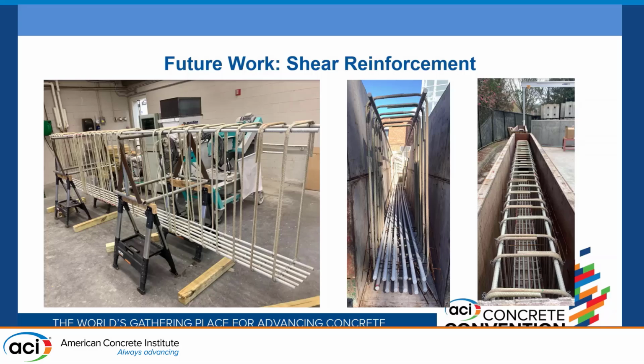I have a question, answering his question. Skin reinforcement is usually used for the regular Bernoulli beam. This is a strut-and-tie model, so we cannot consider that as skin reinforcement. There is some minimum reinforcement and spacing, which we call cracking reinforcement.